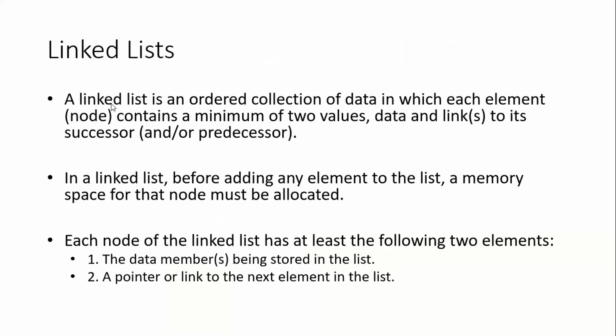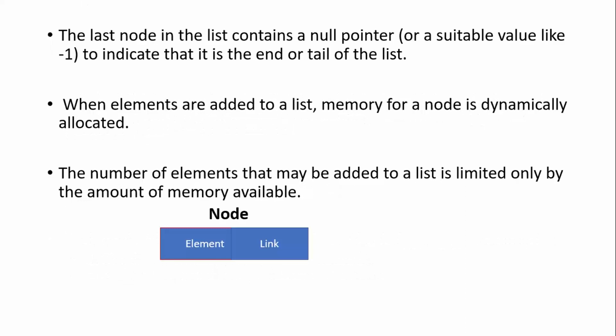Fine. And how do you indicate that the linked list has come to an end? By putting a -1 or null pointer or null value in this link portion, which indicates that your linked list has come to an end, or it is the end or tail of the list.